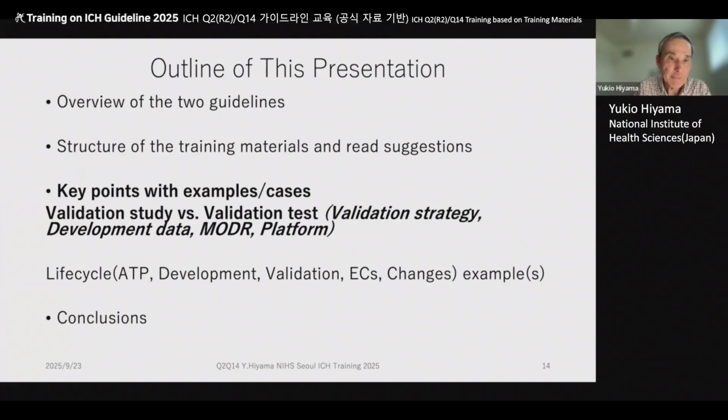Okay, so I'm going to pick two important topics, which are again validation study versus validation test, which was mentioned a second ago, and also the life cycle of the analytical procedure.